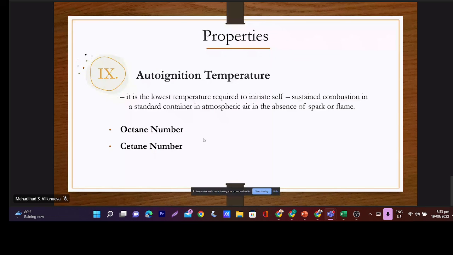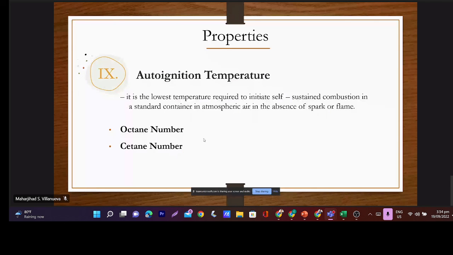In other words, the fuel can cause the engine to undergo knocking when burned. So the greater the octane number, the greater the anti-knocking property of the gasoline. Yung knocking po na tinatawag natin dito is yung hammer-like sound na naririnig natin sa makina kapag mayroong biglaang pagtaas ng pressure sa combustion cylinder.